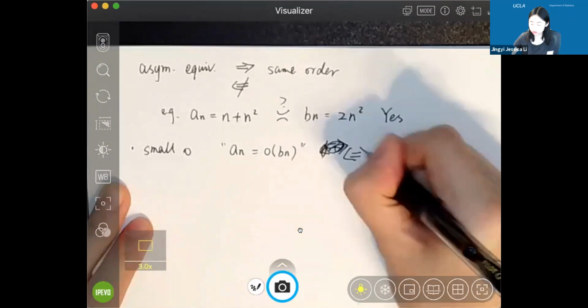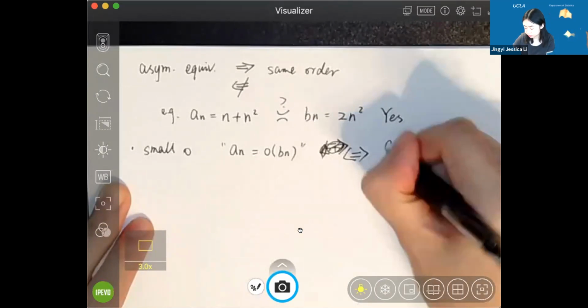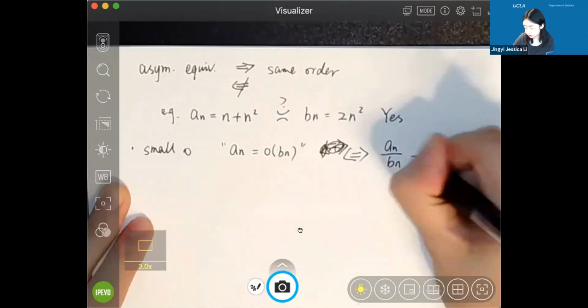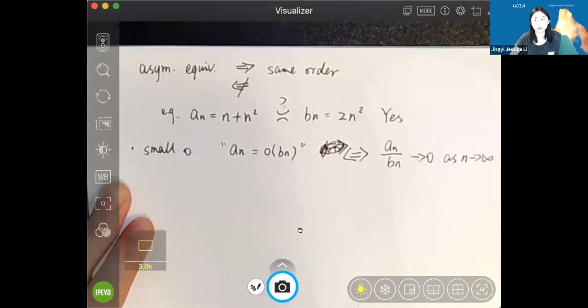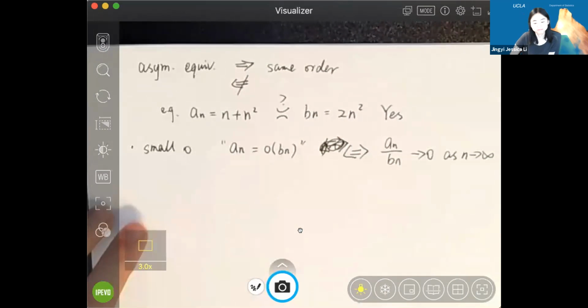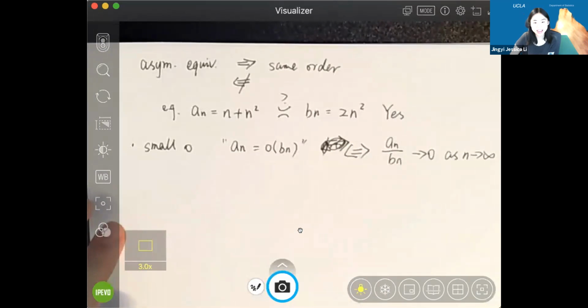It's equivalent to AN over BN converging to 0 as n goes to infinity. So whenever AN grows more slowly than BN does, we say AN is a small o of BN. And it's defined based on a limit.